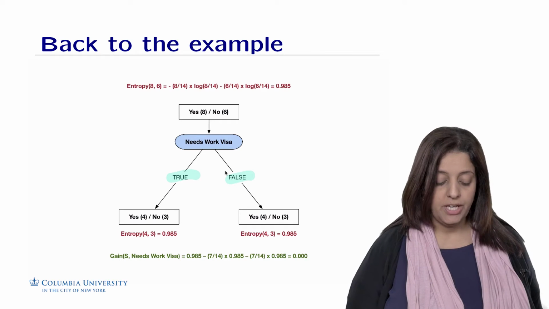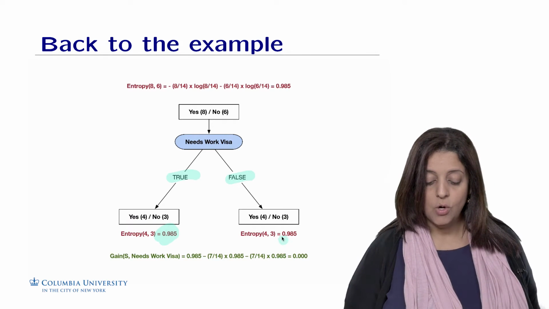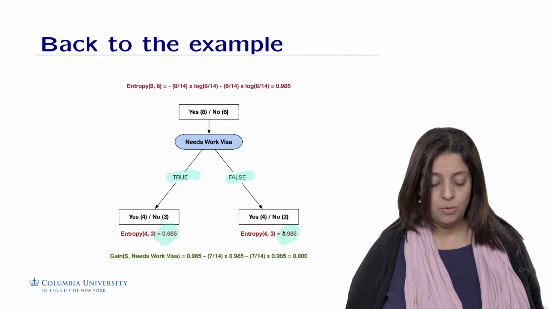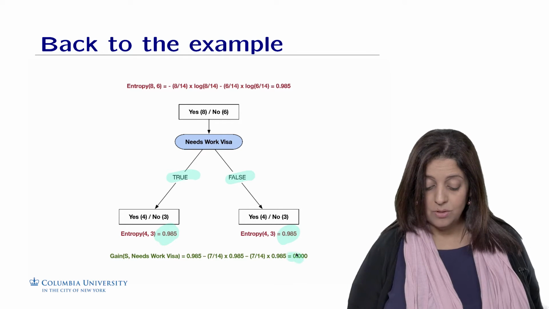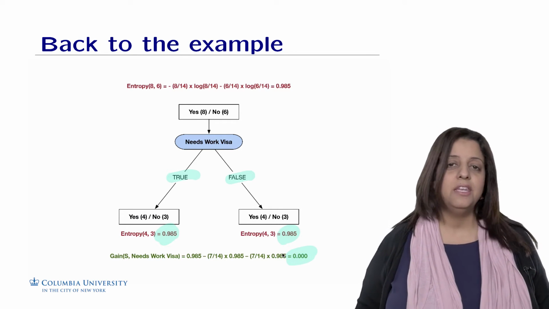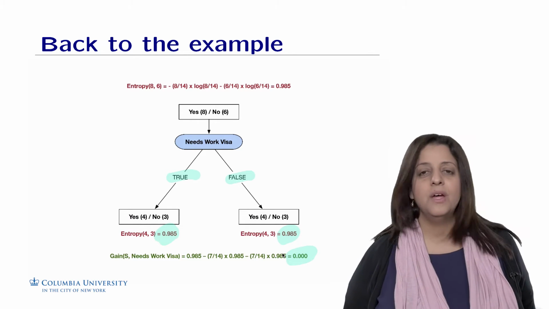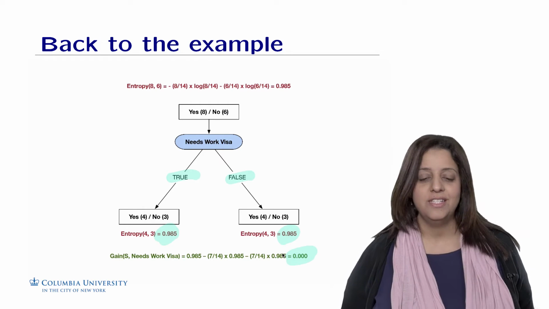In which case, we obtain an entropy of 0.985 whether the need for work visa is true or false. In this case, observe that the gain is equal to 0, which means that we gain nothing by picking this feature. So it's good news that there was no decision made on hiring people based on their need for work visa or not.